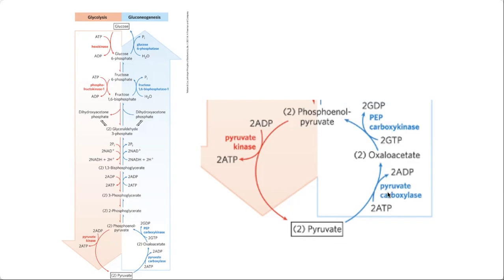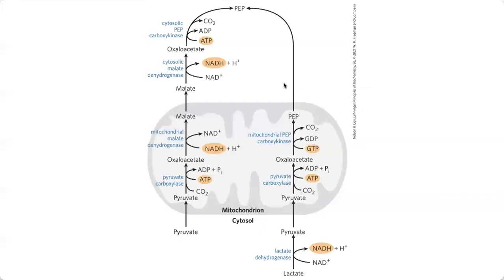So for each pyruvate, we have to pay an ATP and a GTP. You need to put more energy in for gluconeogenesis than we get from glycolysis. Remember we have those 2 steps: the pyruvate carboxylase converts it into oxaloacetate, and then the PEP carboxykinase converts that into phosphoenolpyruvate, our PEP.